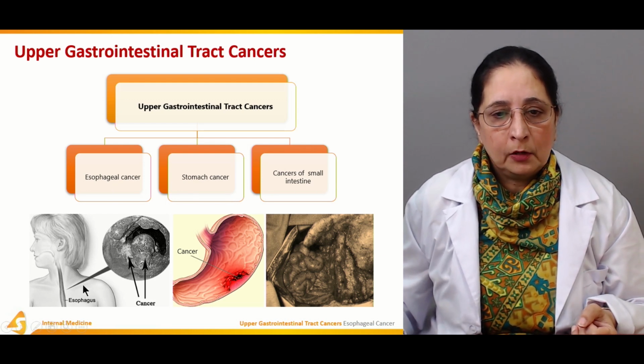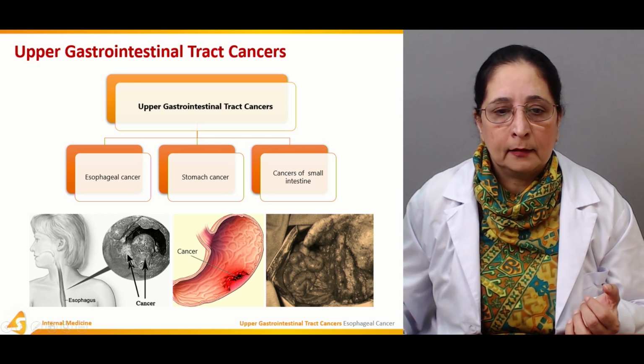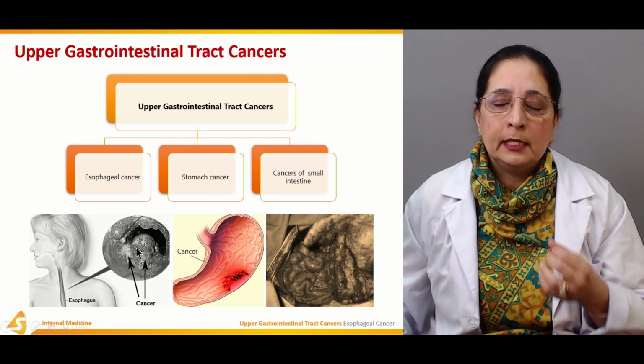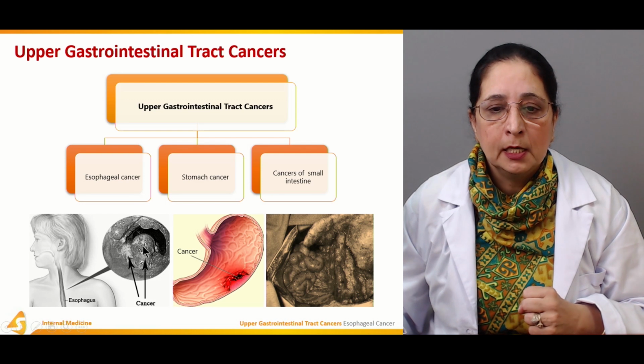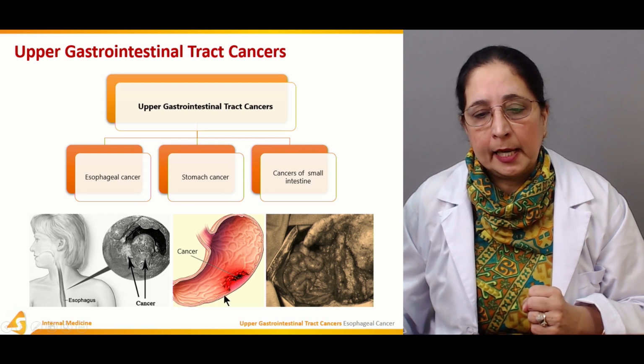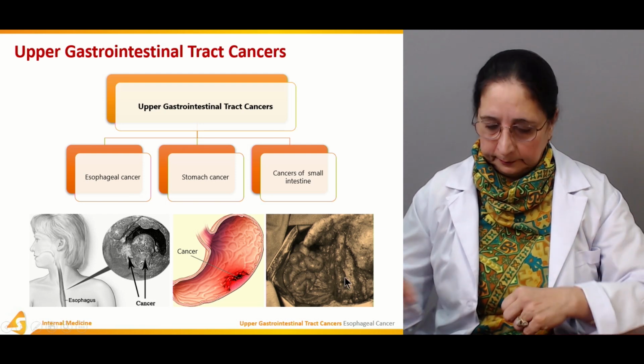This is the esophagus. This is the cancer of the esophagus here, which is present in the esophageal cavity and is causing obstruction of the esophagus. Here is the cancer of the stomach or gastric cancer, and then we have the picture showing cancer of the small intestine.